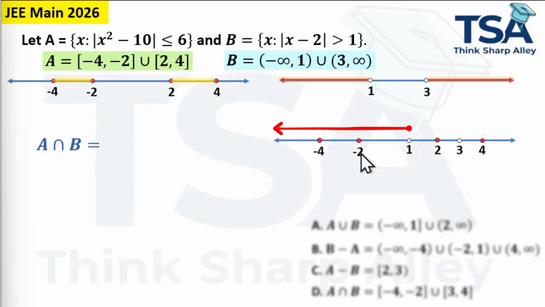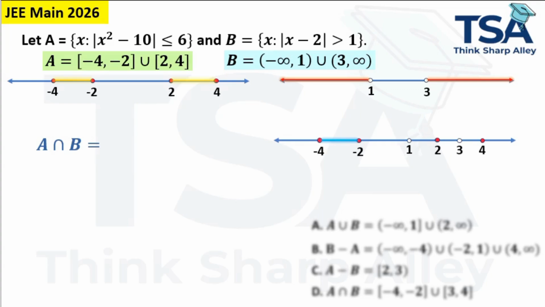So this part, -4 to -2, must be included in A intersection B. Now the middle gap between -2 and 2, set A does not exist. Between 1 and 3, set B doesn't exist, so no overlap here.